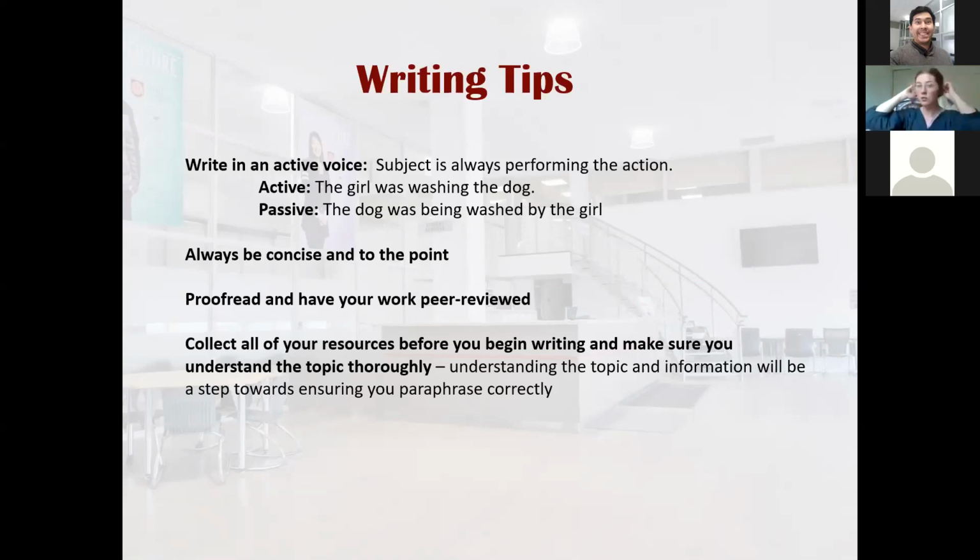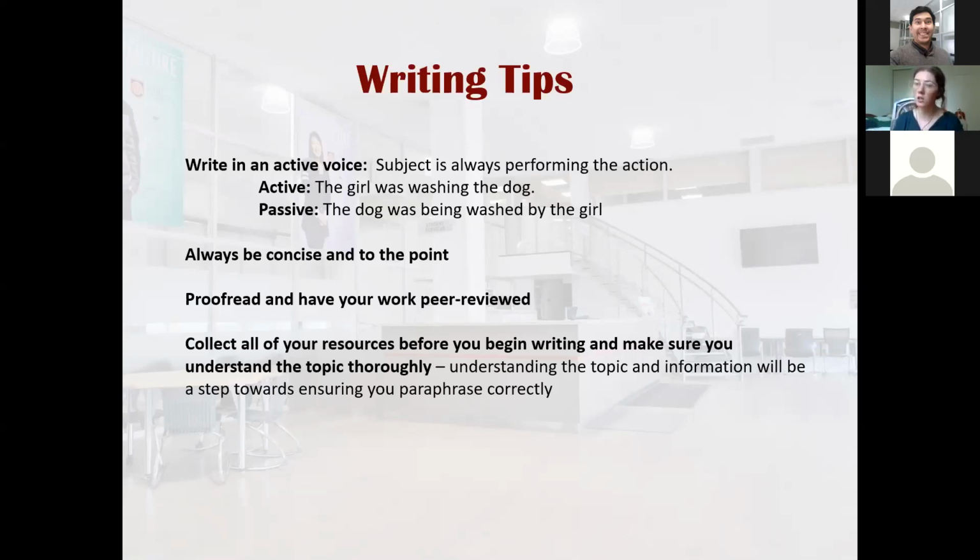And then just a few things. I know we've gone over time a little bit, and some of you might have class in a few minutes, so I'm just going to go through this really quickly, but just some quick writing tips. It is focused on academic writing, but also just writing in general. You always want to write in an active voice, okay? So the subject is always performing the action. So the girl was washing the dog.